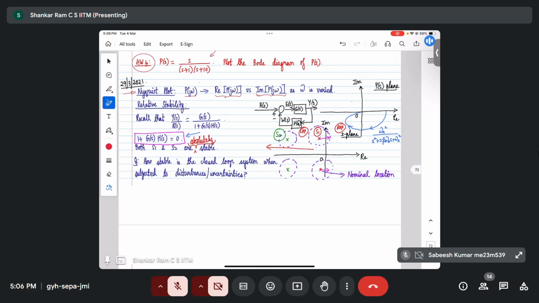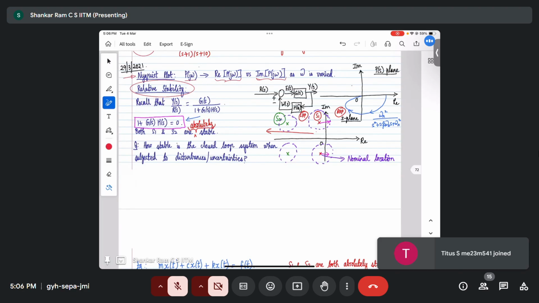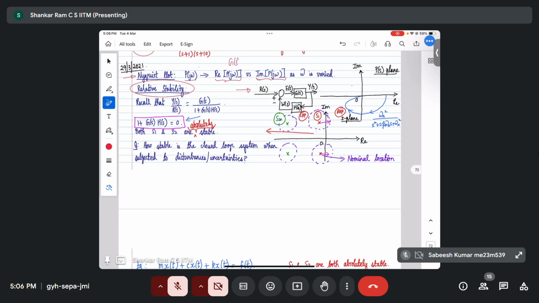The next important concept is what is called relative stability. So what is this relative stability? If you recall where we started, we had this basic closed loop control system, where G of S was the forward path transfer function. G of S was C of S times P of S, the controller transfer function times the plant transfer function.